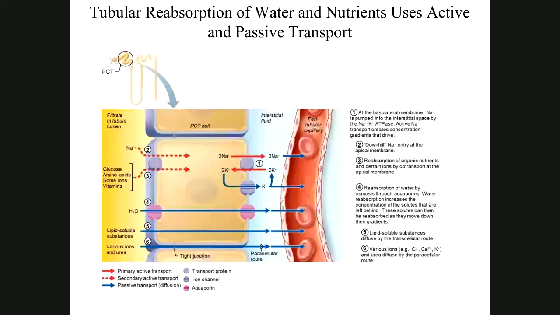At the basolateral membrane, the sodium is pumped into the interstitial space by the sodium-potassium pump. All right, and this is active. More sodium enters downhill by the apical membrane. This will create a concentration over here, because this will open also other solutes to come in.